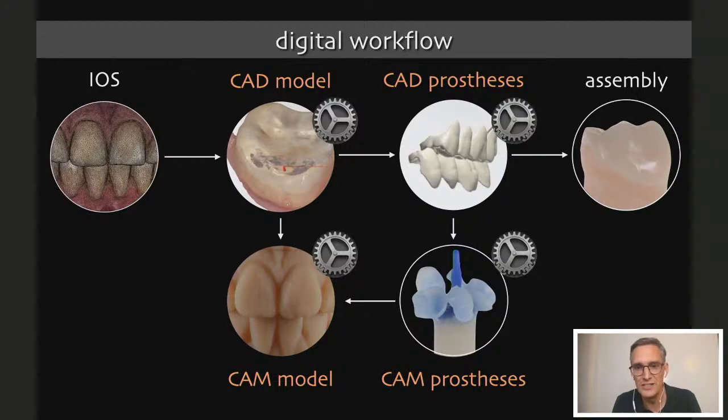And then also during the manufacturing of the crowns or models, we can set a lot of different parameters. For just one example, for printing models, the dental technician has to define the thickness of the printing layer. And depending on the thickness, if you increase the thickness, it's faster, but maybe it's not precise enough.